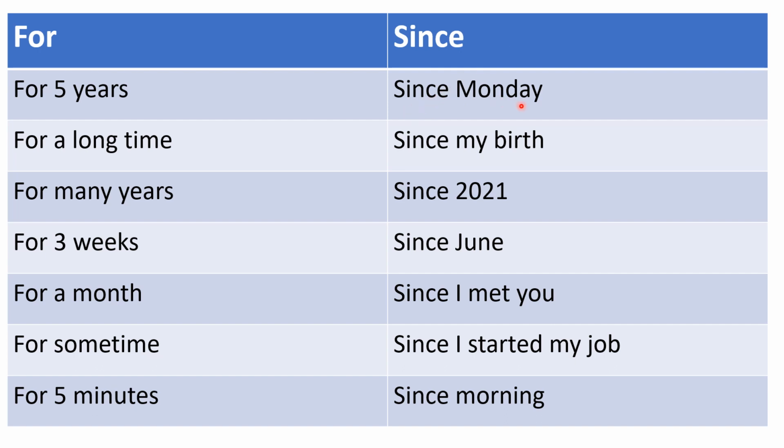So since Monday, since my birth, since 2021, since June, since I met you, since I started my job, since morning. So always remember since when we want to tell the beginning of time, the point of time when actually the action begin.